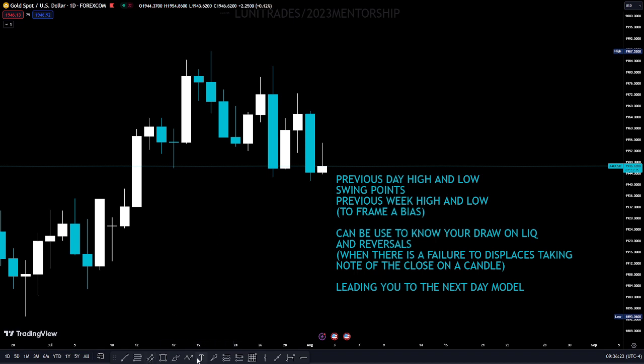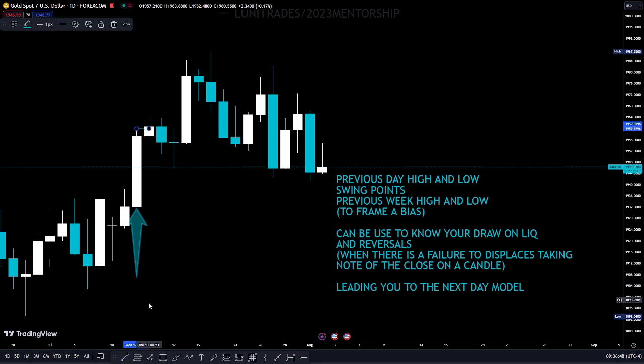Let's start off with this candle. Then we'll write it. We want to take note of the previous day high and low, right? So the previous day high of this candle will be this, and the low of this candle will be this.